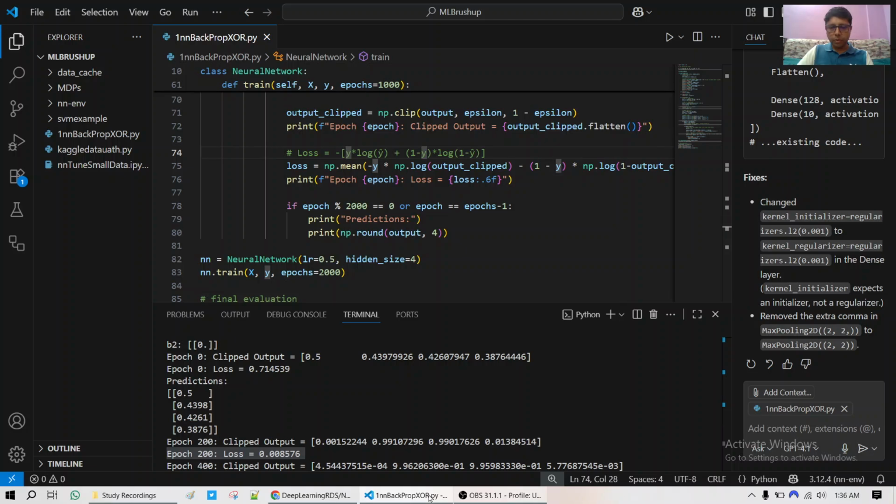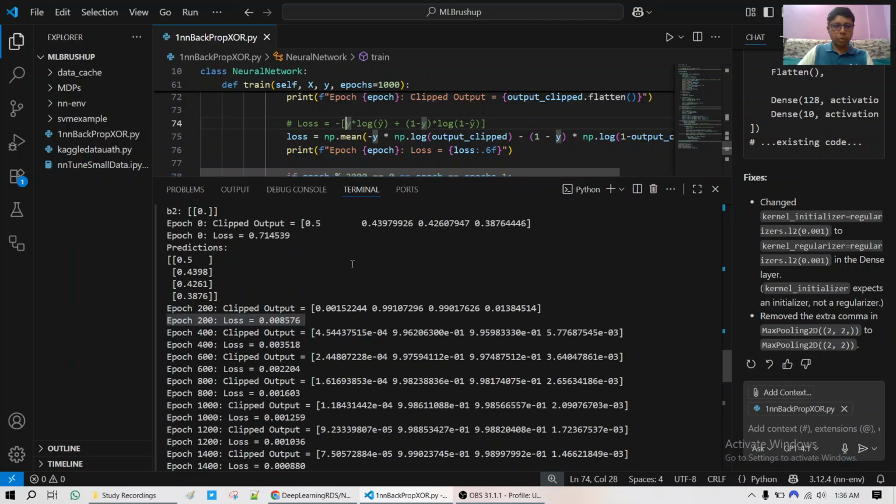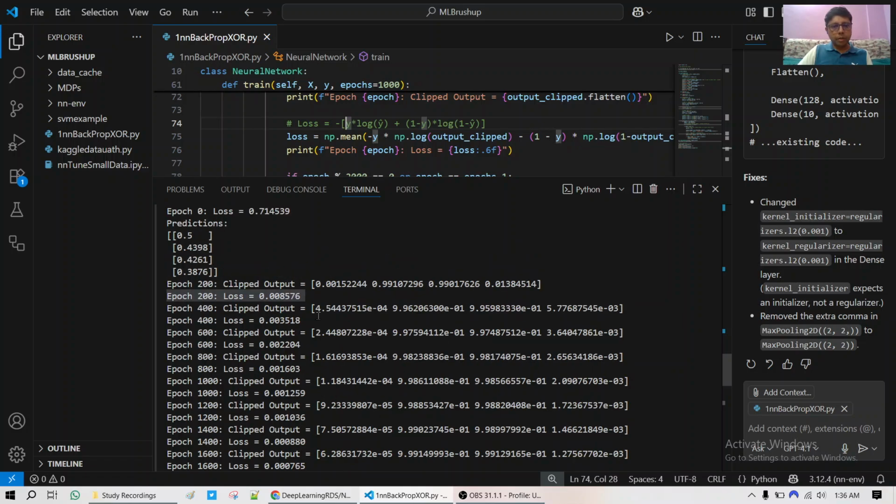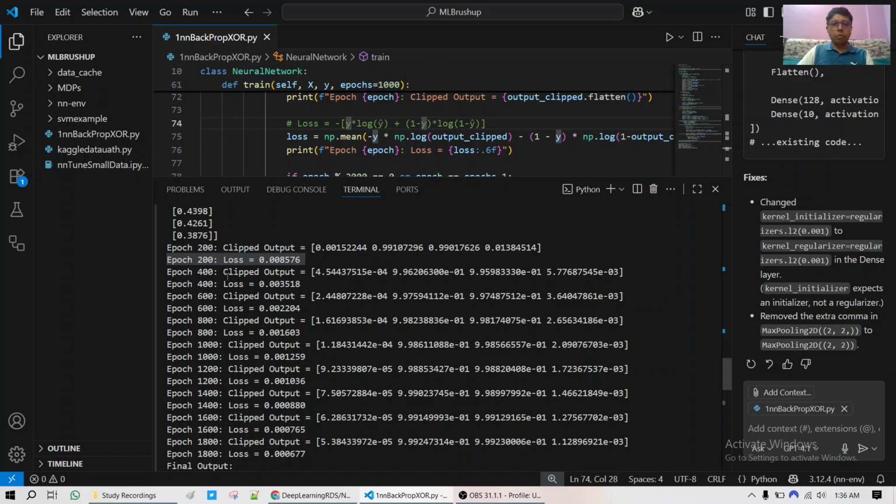Let's go here, and you can see that after epoch 400 we have these output values, and these are positive values, and they are becoming more and more precise and accurate, near to one, right?